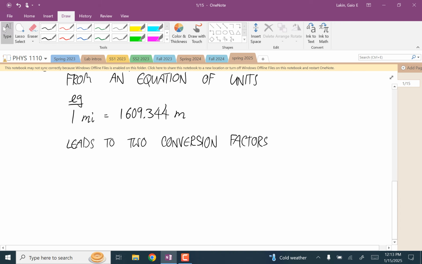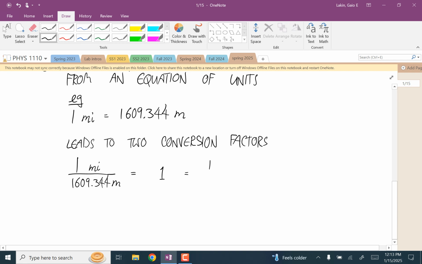So we can write this as 1 mile over 1609.344 meters, and we can say that that's equal to 1.